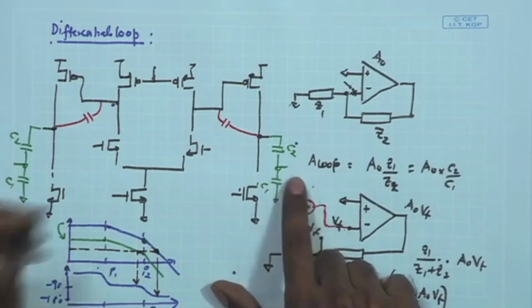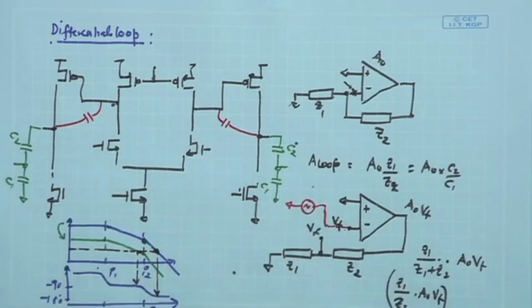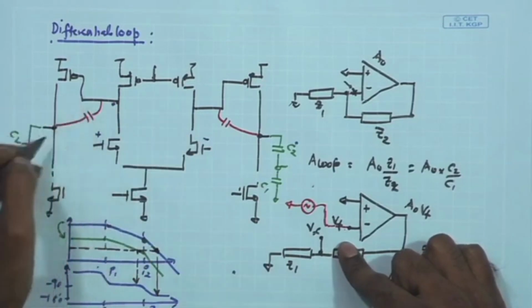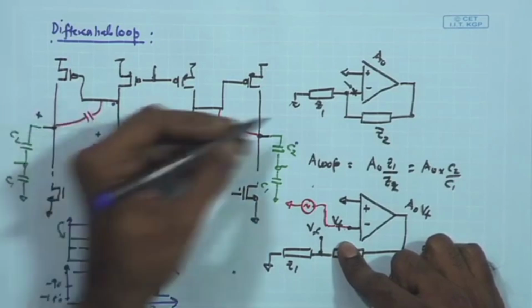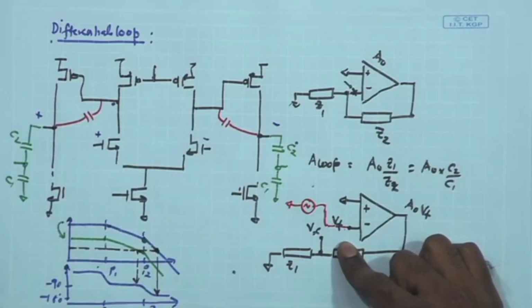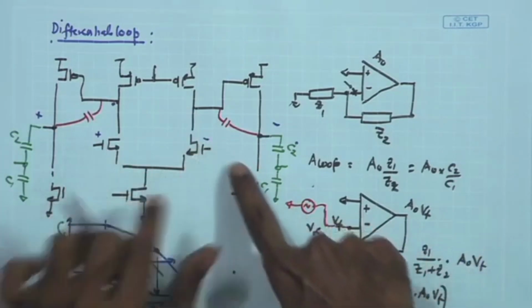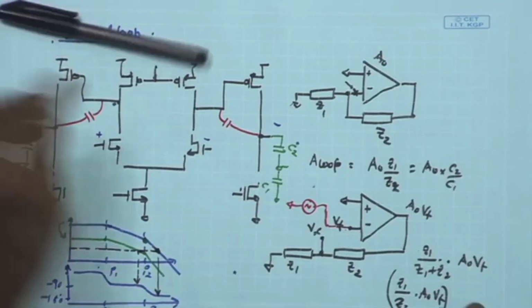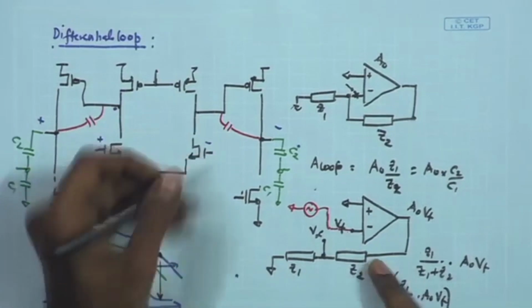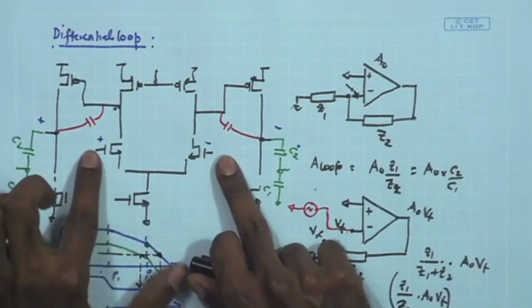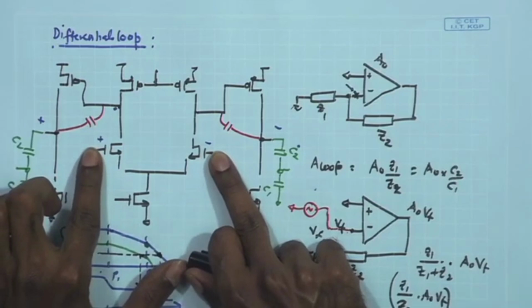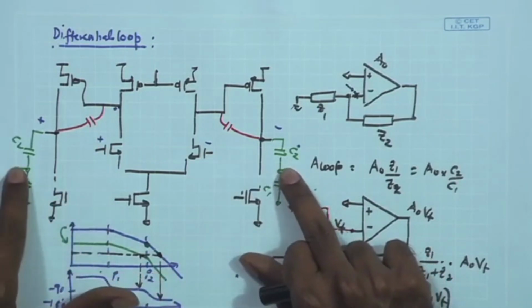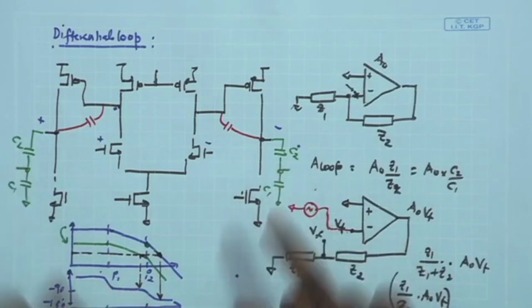If I define this as my positive input and negative input, this is going to be my positive output and this is going to be my negative output. As a result, to see the overall loop response, I apply an overall test signal Vt between these two terminals, plus minus, and look at the final output response over here.